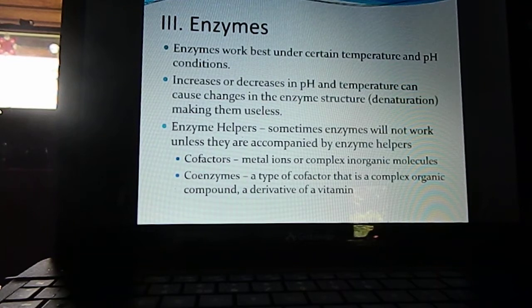Cofactors are usually metal ions or complex inorganic molecules, right? Coenzymes are types of cofactors that are complex organic compounds that are derivatives of vitamins. And so if they don't have those enzyme helpers, then the reaction is not catalyzed.